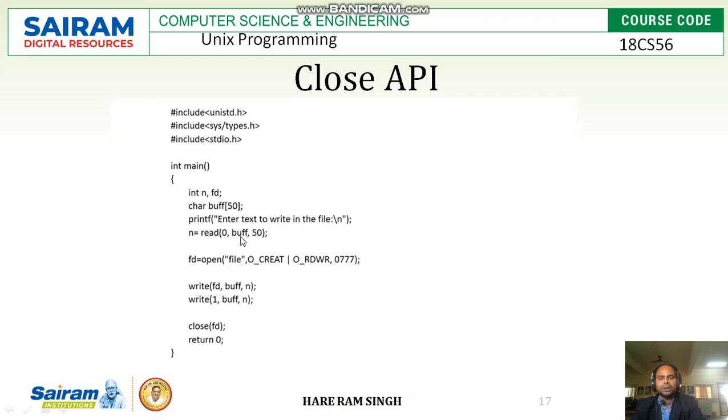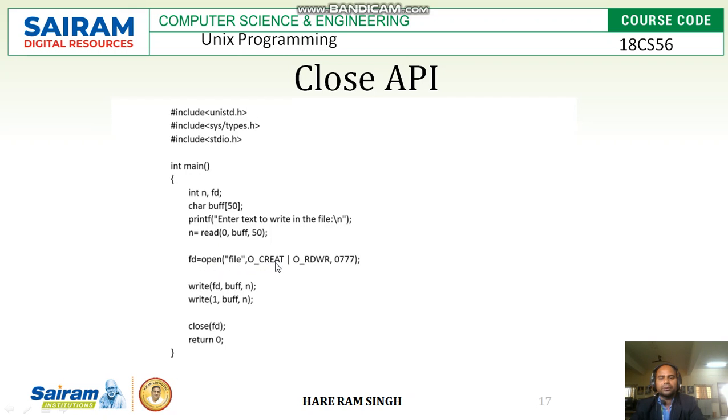Next, buffer holds the address where the data need to be read, and 50 is the size of the bytes of data which need to be read, and how much data is read, that will be returned and it will be assigned to n.